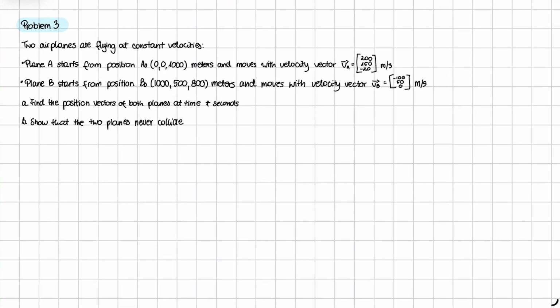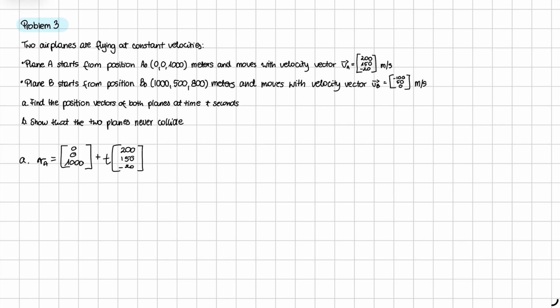And in order to do this, we just have to add our position vector to velocity vector, and in front of our velocity vector we have to include time. So our vector RA equals, and firstly our position vector, so 0, 0, 1000 plus t times our velocity vector, so 200, 150, minus 20.